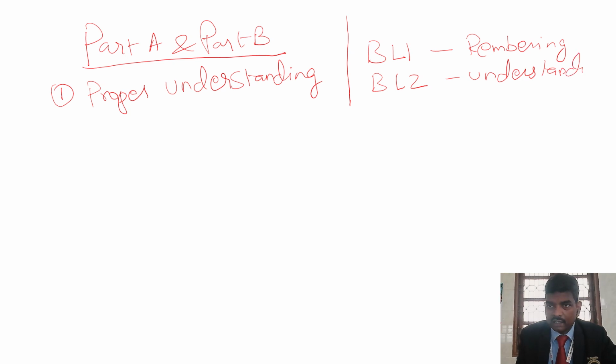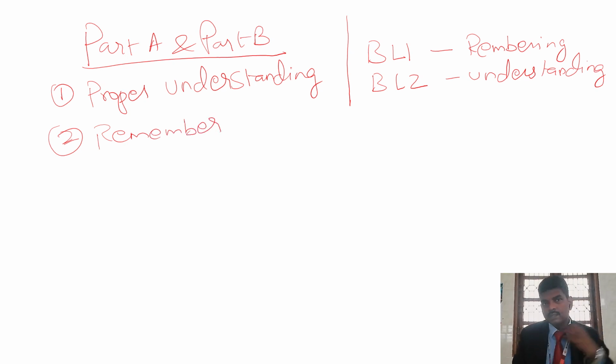We cannot go beyond BL1 and BL2 for part A and part B. So what is required is proper understanding, and second, you should remember the concepts. These two are essential to answer part A and part B. Even the remembering is possible only if you have a very good understanding.